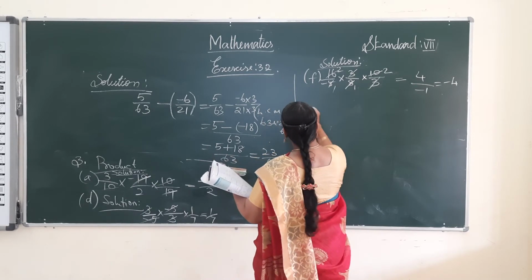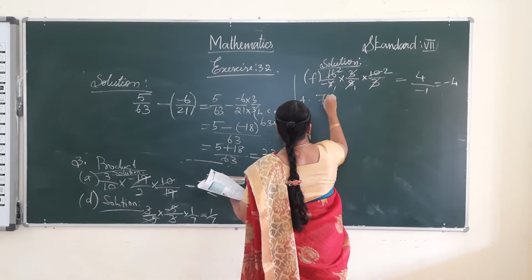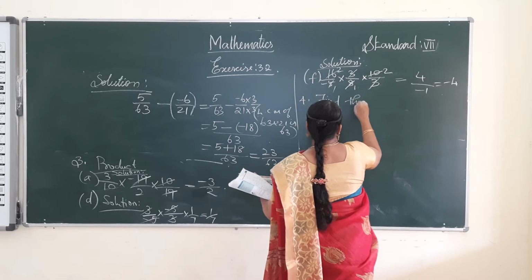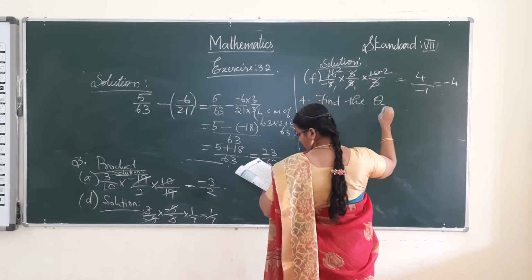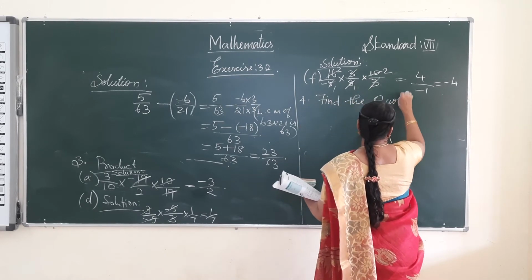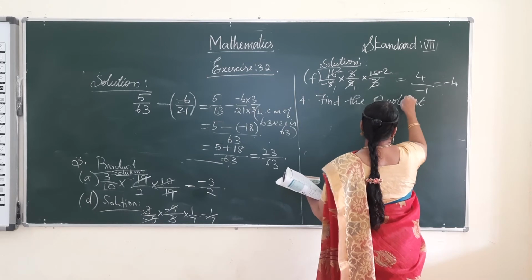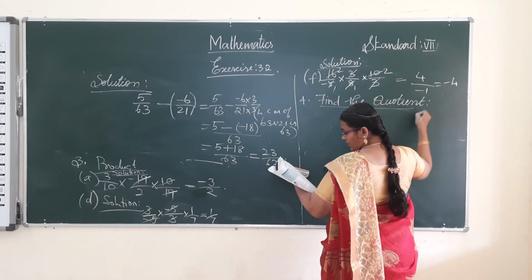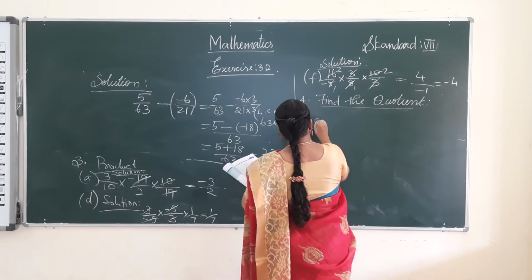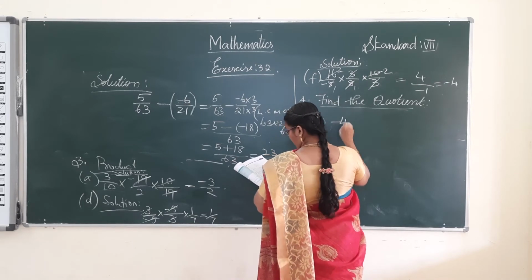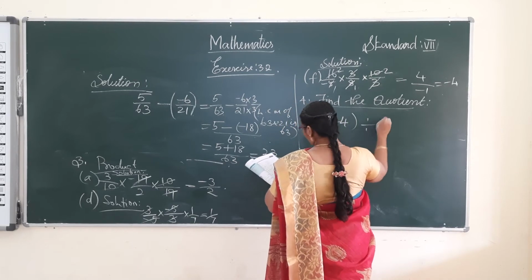Now see the fourth one. Find the quotient. The first problem: minus 4 divided by 2 by 3.